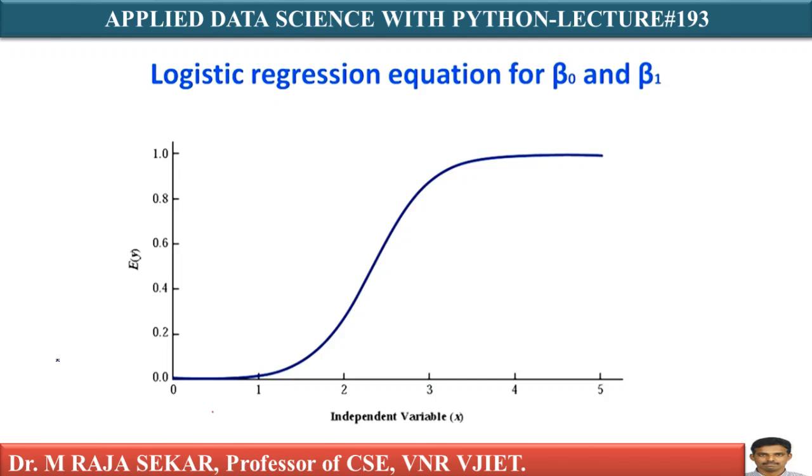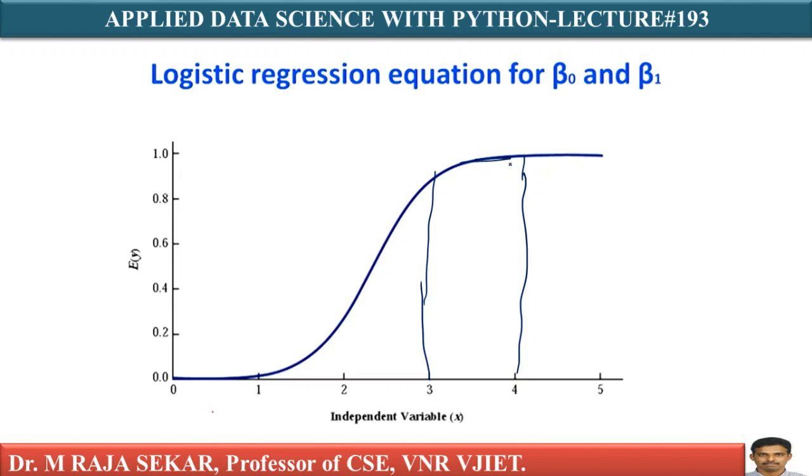If you observe this particular graph carefully, the E of y value is getting to its maximum as the value of x increases. If the value of x is between 3 and 4, it is almost 1, isn't it?